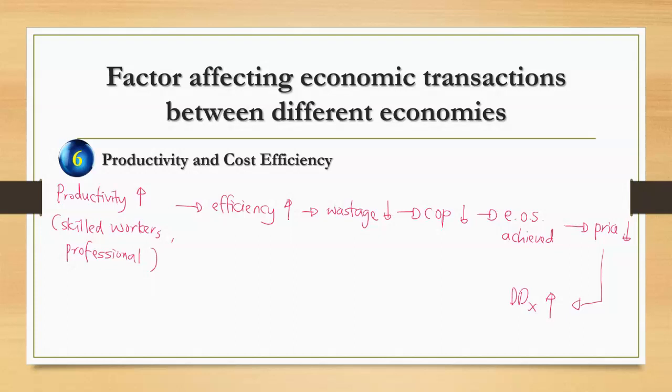So their productivity level is higher, and of course their efficiency level will be higher. Higher efficiency means wastage will be lowered, because in the same time frame with the same resources, you can produce more. Reduced wastage will reduce cost of production. So when you divide it out, your unit cost of production surely will be lower, so you can achieve economies of scale.